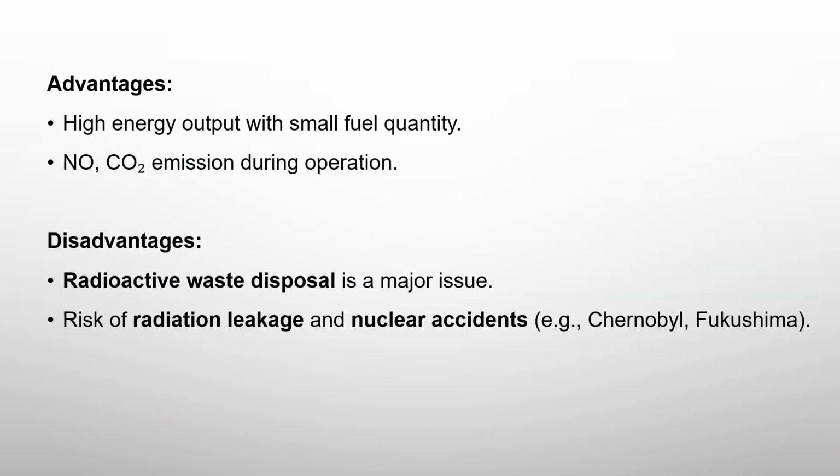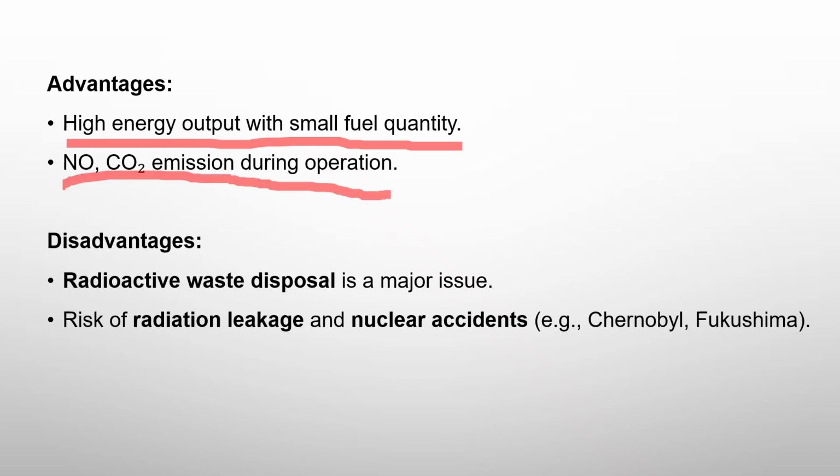The advantage of nuclear fuel is very high energy output from a very small fuel quantity. Nitrogen and carbon dioxide emission during operation is not observed. But the major disadvantage is that radioactive waste disposal is a major issue, along with the risk of radiation leakage and nuclear accidents.